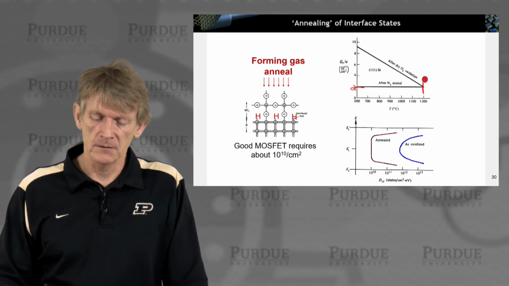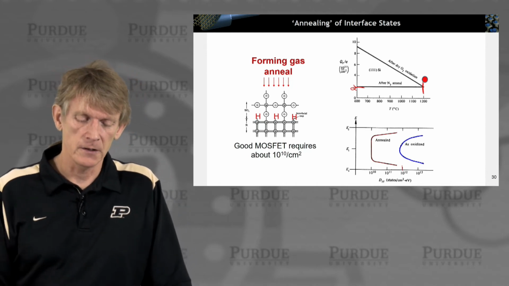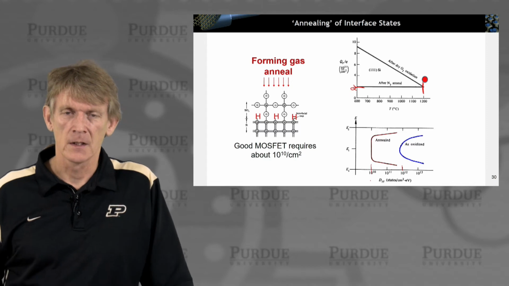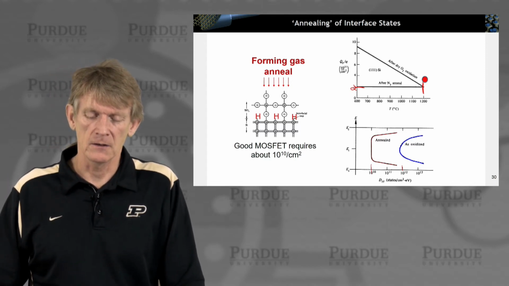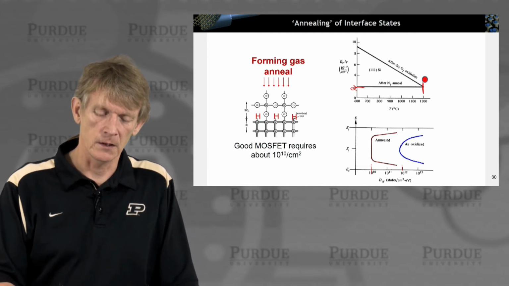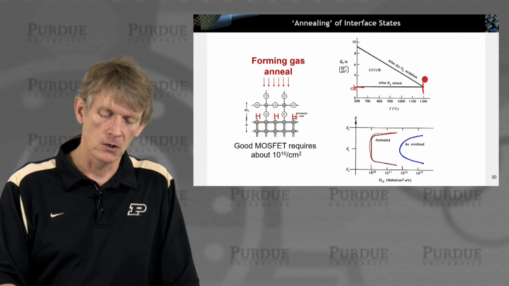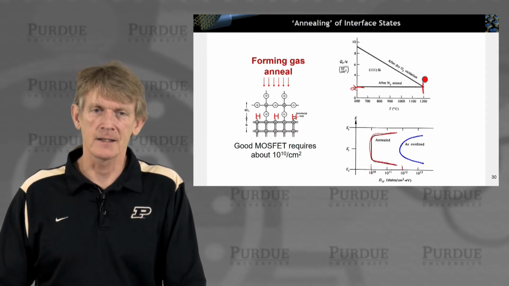So as oxidized, we mentioned before, 10 to the 12. If you anneal it further, you can get down to 10 to the 10. It's interesting that you see these curves of the density of interface traps, where it's low in the middle of the gap and gets higher towards the edges.